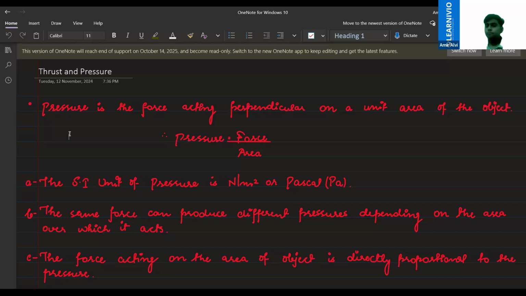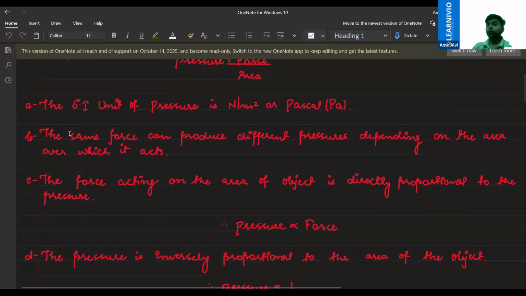Different forces produce different pressures depending on the area. If you provide the same force but different areas, that would also produce different pressures. Clear, Harshita?